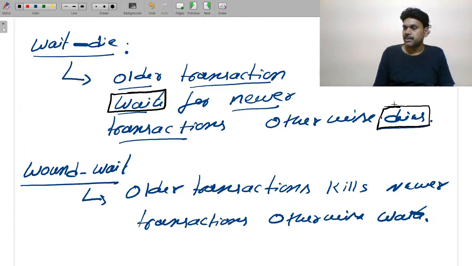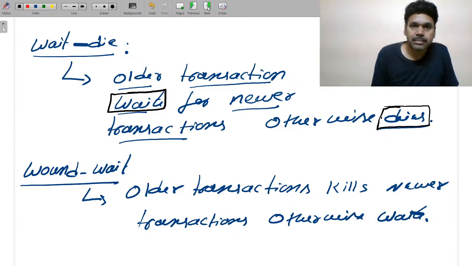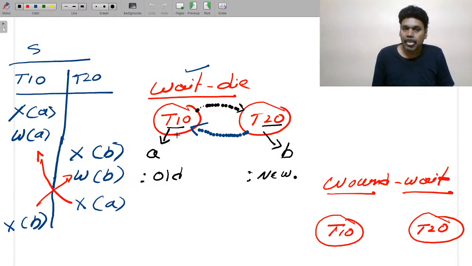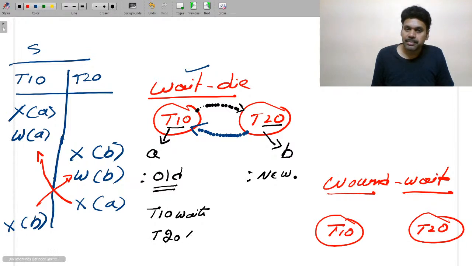Please observe carefully. Therefore, T10 is an older transaction. T10 waits. T20 dies. Clear? T10 waits. T20 dies.